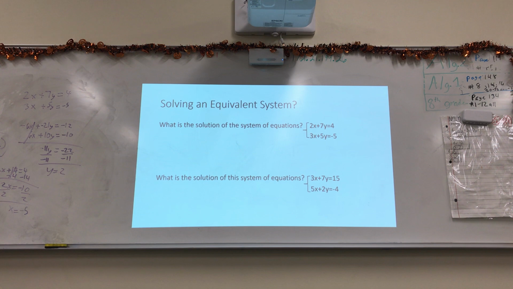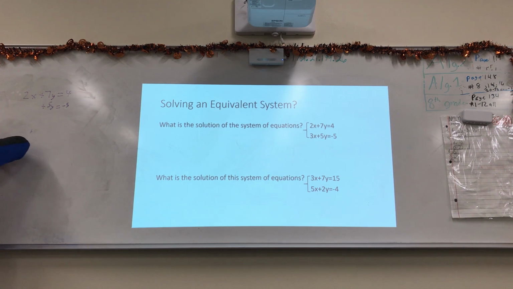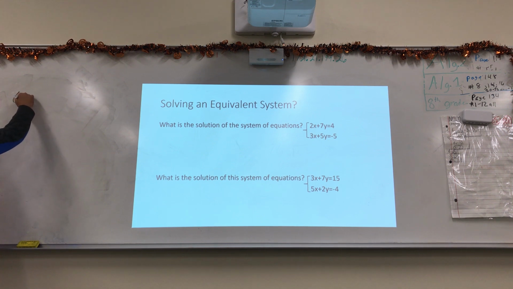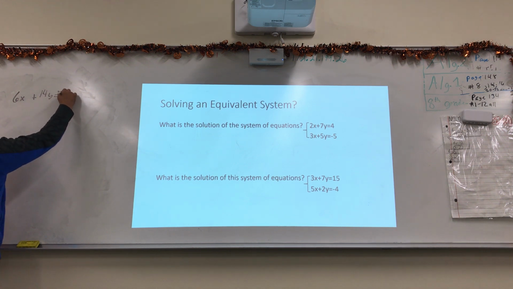That one is a little bigger numbers. I'm not seeing an easy way of doing this. I honestly might do the y's. The reason that I'm going to do the y's is the top I only have to multiply by 2. So I get 6x plus 14y equals 30.